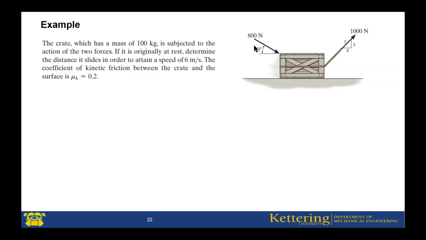It's originally at rest, and we want to find the distance that it slides in order to attain the speed of 6 meters per second. The coefficient of kinetic friction between the crate and the surface is 0.2. I will give you 1 or 2 minutes. Just think about how you want to start to solve it. I will stop.